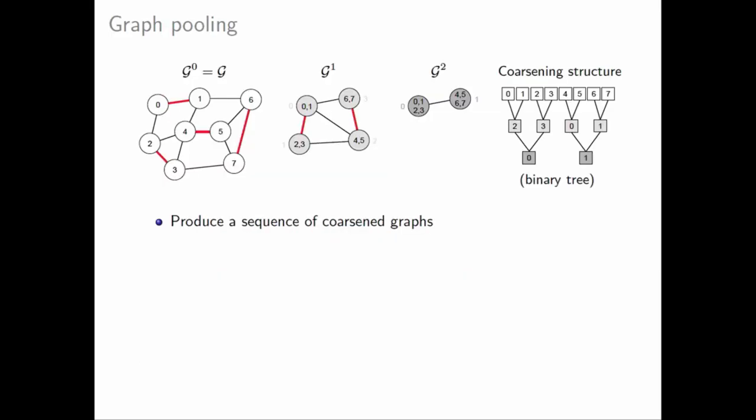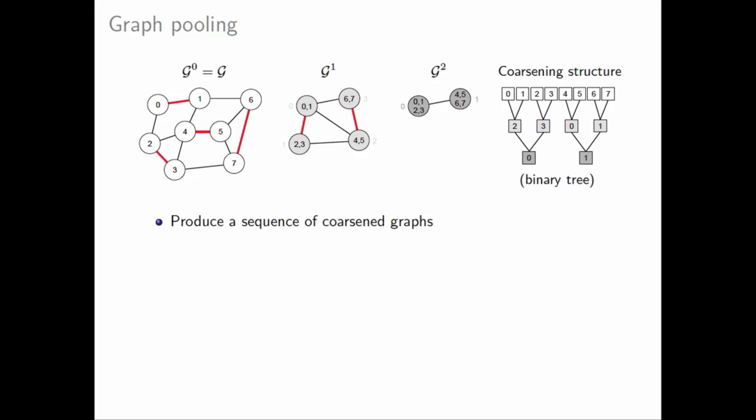So we talked about convolution. Let's say a few words about pooling. In the Euclidean case, pooling corresponds to changing the resolution of our grid. For example, we usually downsample an image by a certain factor and take some operation like maximum. The same thing can be done on a graph. In this case, the reduction of the graph resolution can be done by a graph coarsening process.